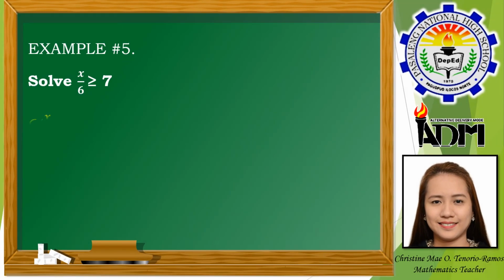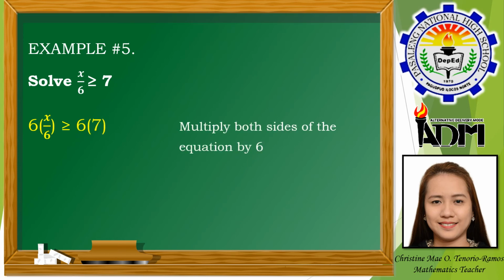Next, example 5. X over 6 is greater than or equal to 7. Multiply both sides of the equation by 6. Gumamit na naman tayo ng multiplicative inverse property. 1 over 6, ang multiplicative inverse niya is 6. And then, i-multiply mo rin yung 6 sa kabila.